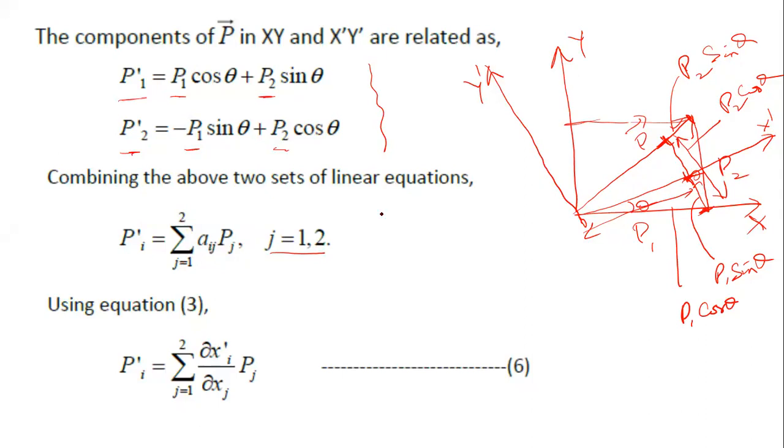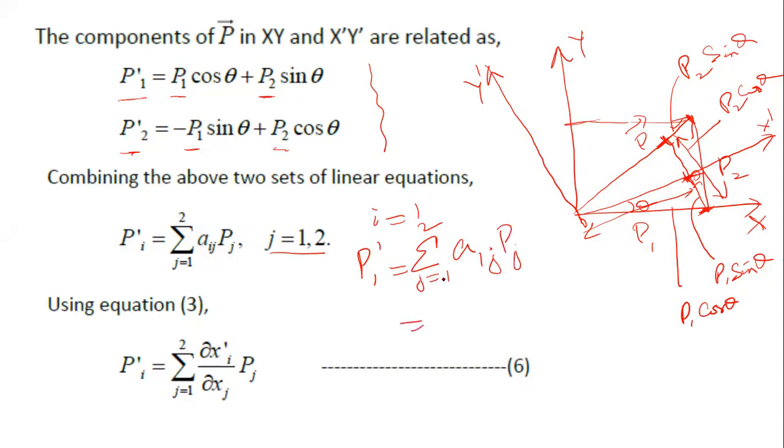That is, if i equals 1, then this is simply P1 prime, and we have the summation over j from 1 to 2 of A1j Pj.